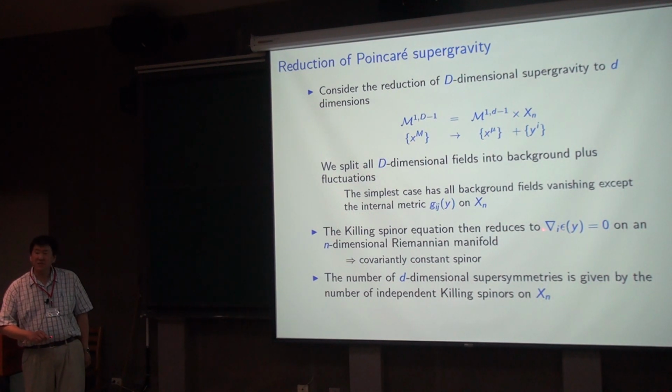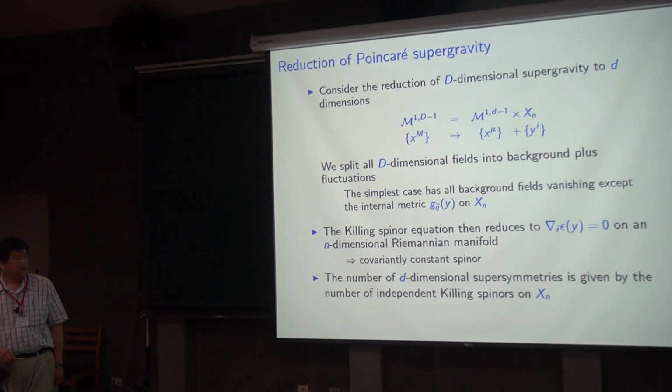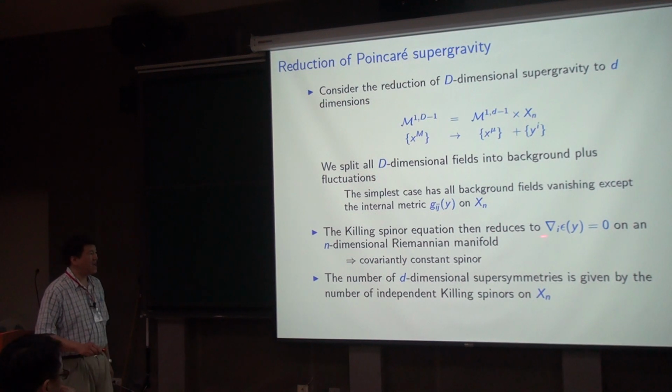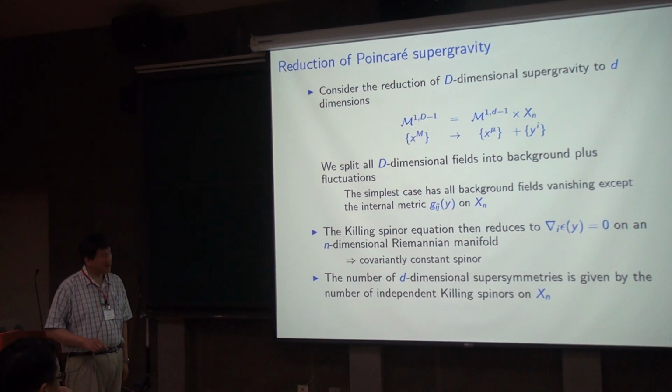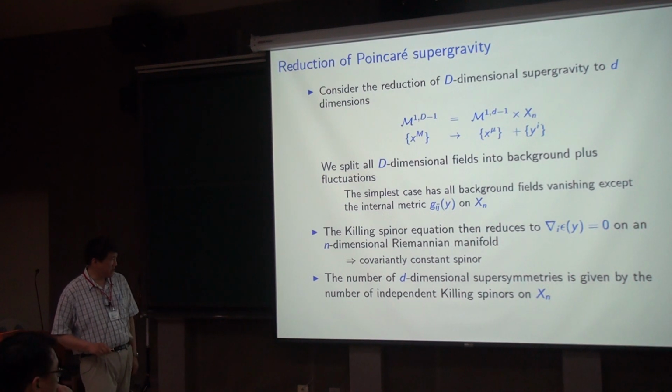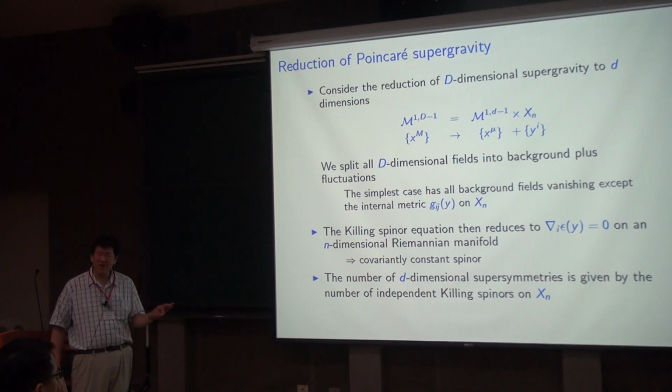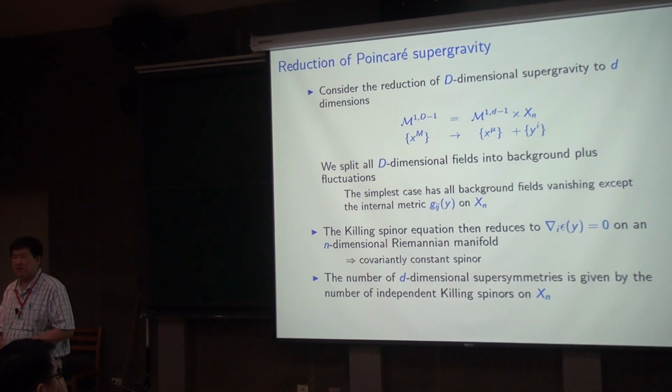Now a spinor has a spinor index. So this might be a 16 component spinor, 32 component spinor, something like that. If I wrote this out in terms of components, I could have various numbers of solutions. I can have partially broken supersymmetry, where I can solve this equation for maybe 8 out of 16 components of the spinor.